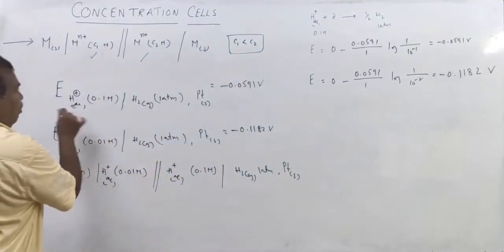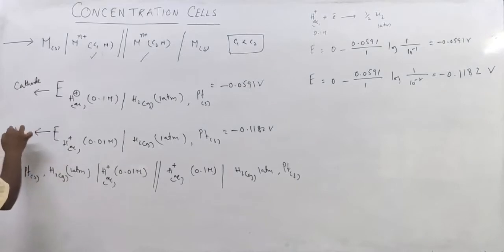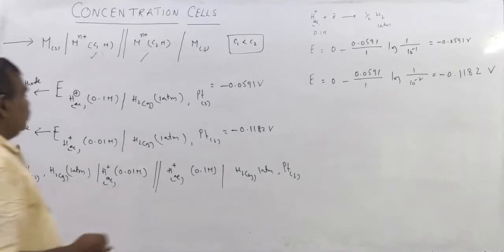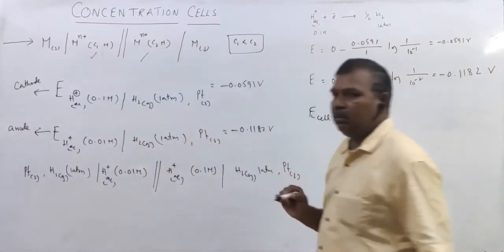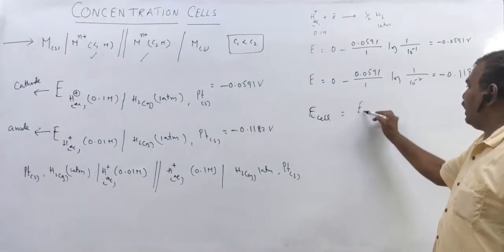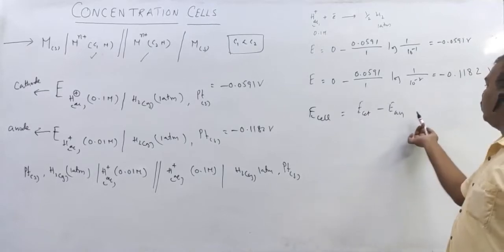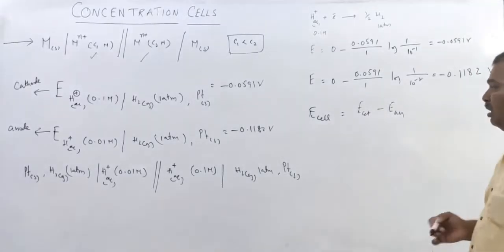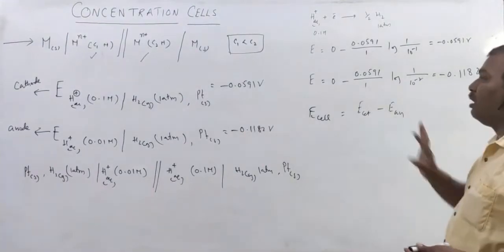So, here I took this electrode as the cathode, and I took this as the anode. Now, E cell is equal to E cathode minus E anode. Why did I represent E cathode and E anode? Because they are not standard.